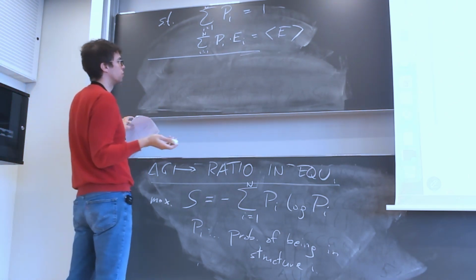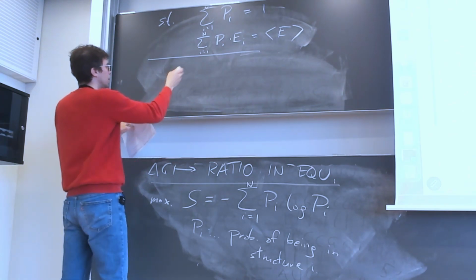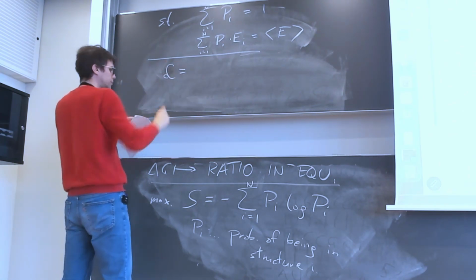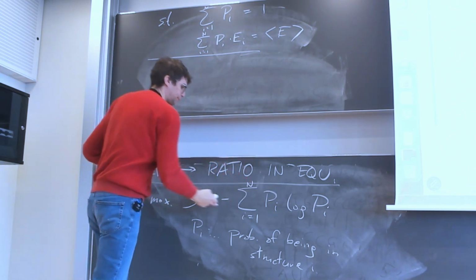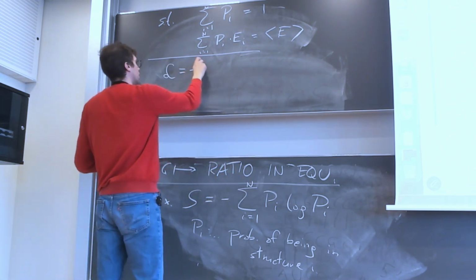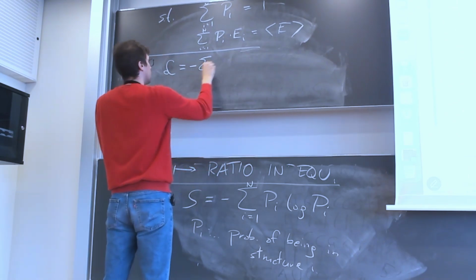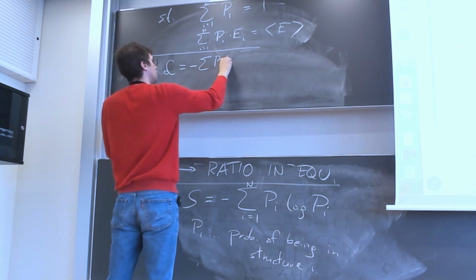work with. Here we, of course, will use Lagrangian multipliers. So we'll put the Lagrangian to be the optimization, the function to be optimized here, which is some Pi log Pi.